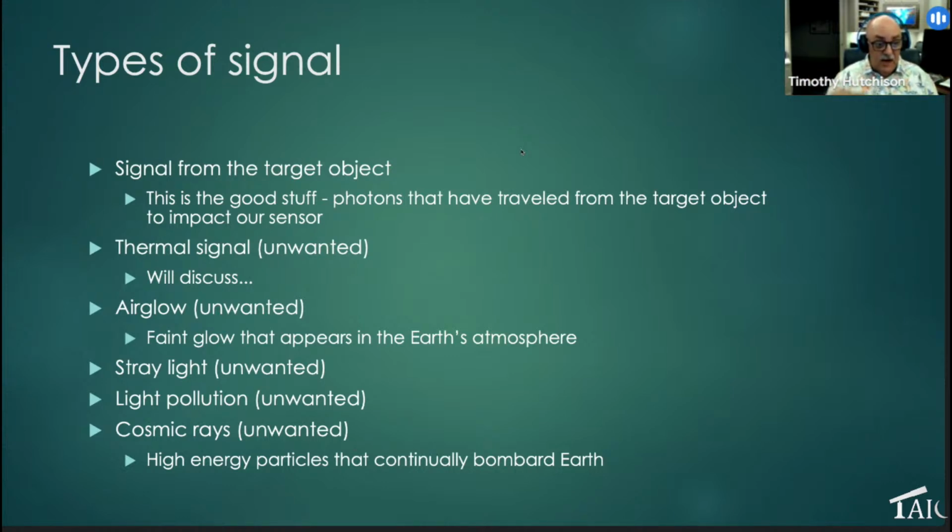We have signal from air glow, the faint glow that appears in our atmosphere, that gets in there and interferes with the target object signal that we're trying to collect. Stray light, obvious one, right? Light pollution, obvious one. Cosmic rays, another obvious one. These are all things that are measured by the sensor and show up as signal in the images that we're trying to process.